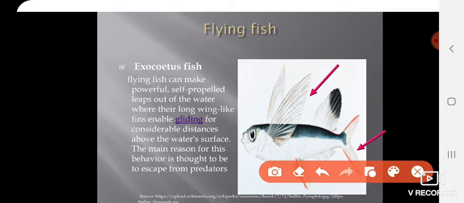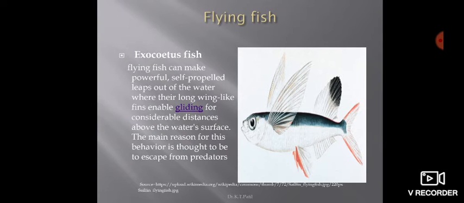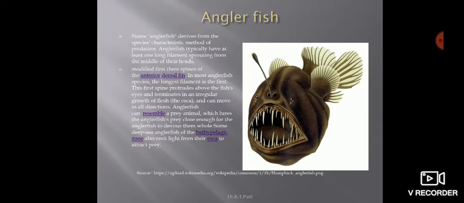And the pelvic fin also provides stability. So this is one kind of modification that occurs in pectoral fins. This fish is known as the flying fish because its pectoral fins are modified into wings.